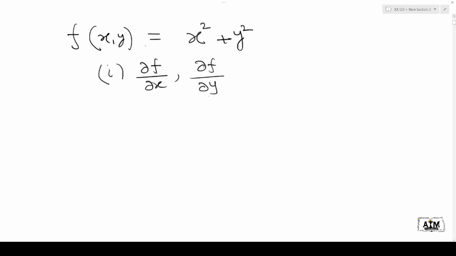Suppose f of xy equals x square plus y square. In this function, there are two variables. x is the first variable, y is the second variable. And we want to find out dou f by dou x and dou f by dou y.